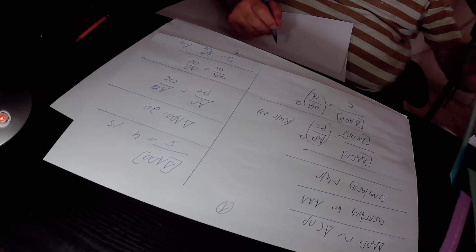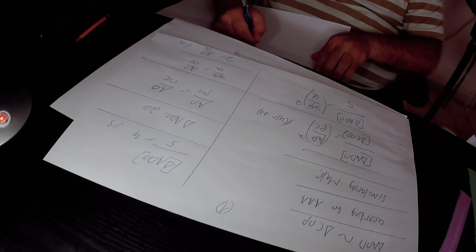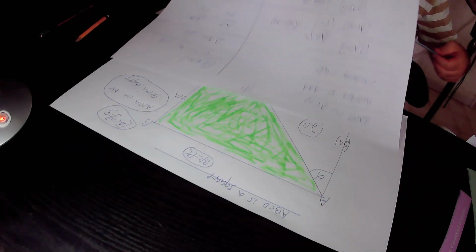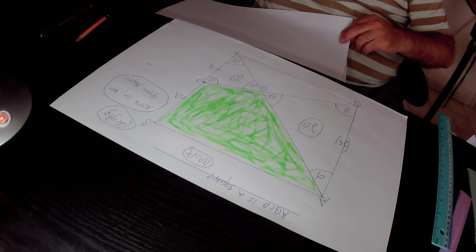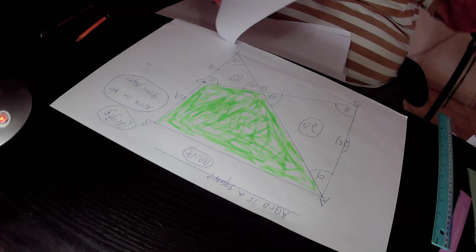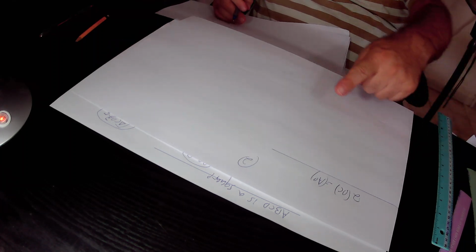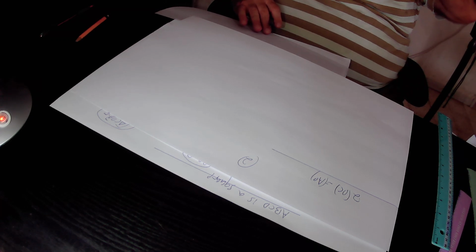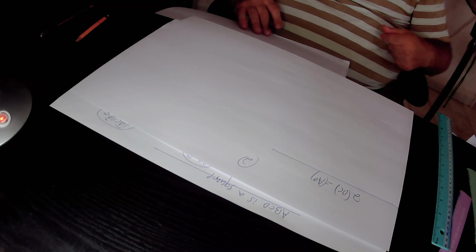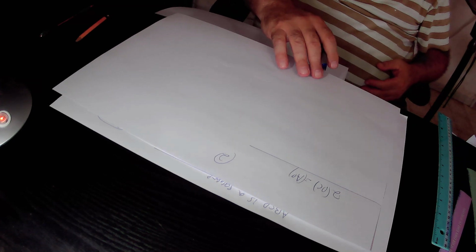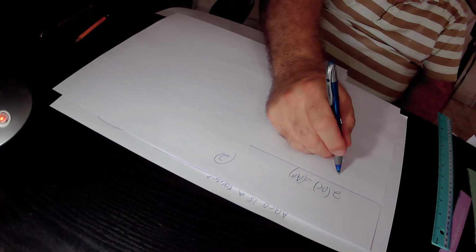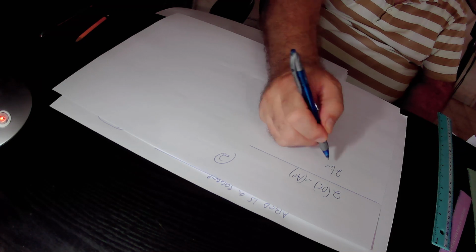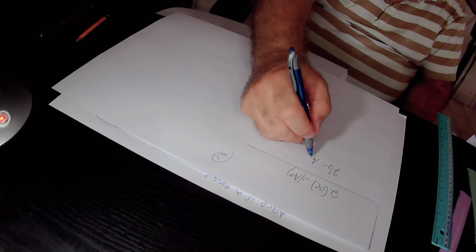We found out that 2 times OC equals AO. So if we define the length of OC as B, we substitute OC by B, and we get that 2B equals AO.